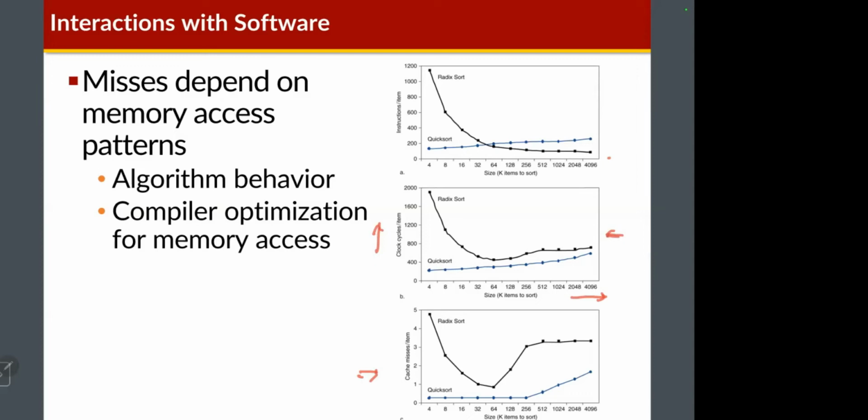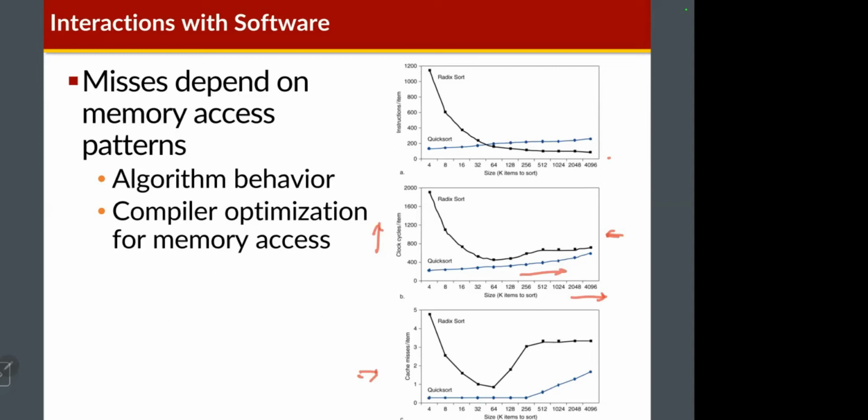As you can see, the clock cycles per item is very high for the radix sort, but the quick sort is relatively faster than the radix sort, though it slightly increases the clock cycles per item.